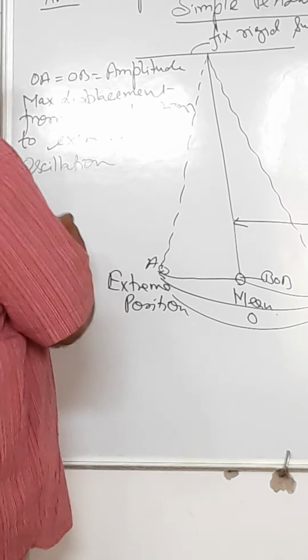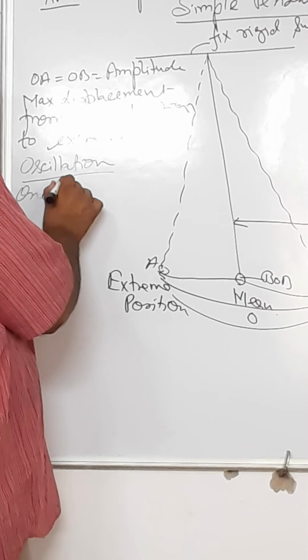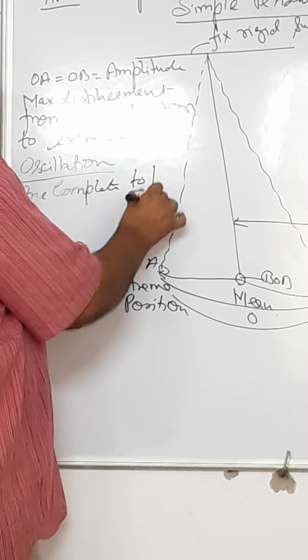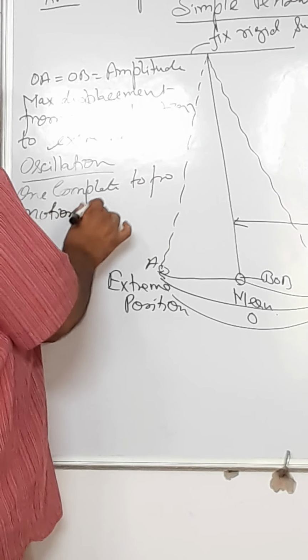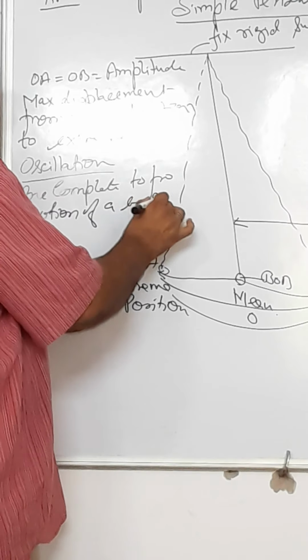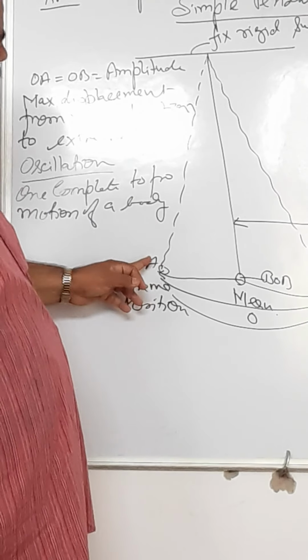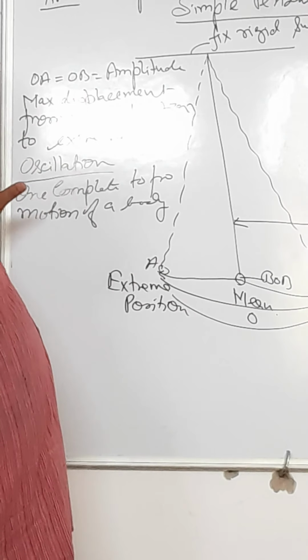If I let it go from A, it reaches B and again reaches A: one oscillation.